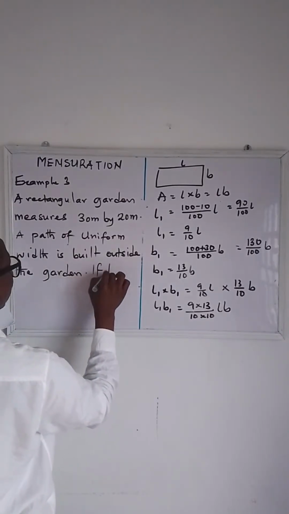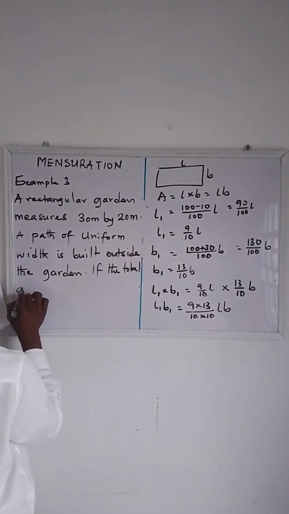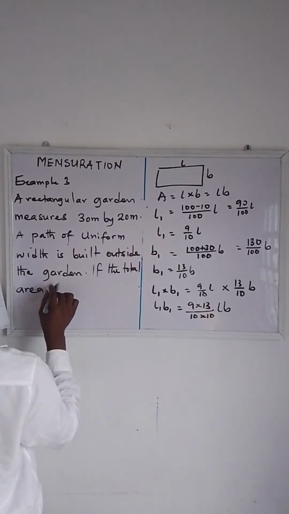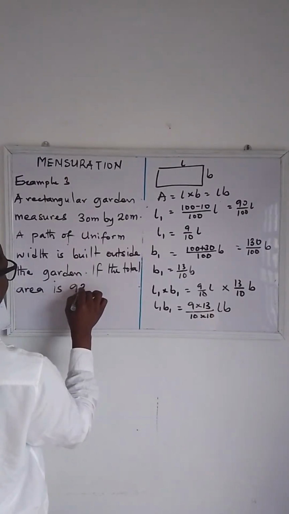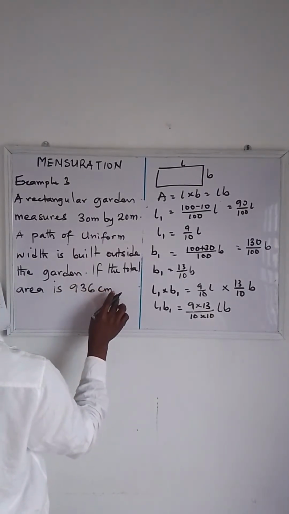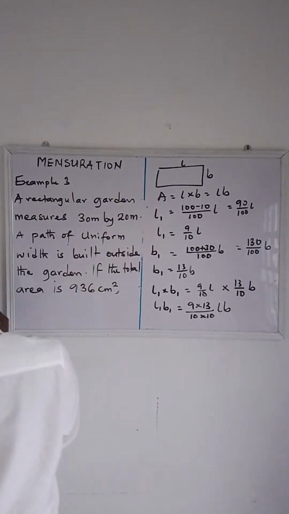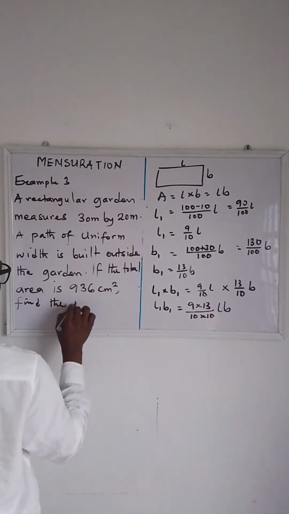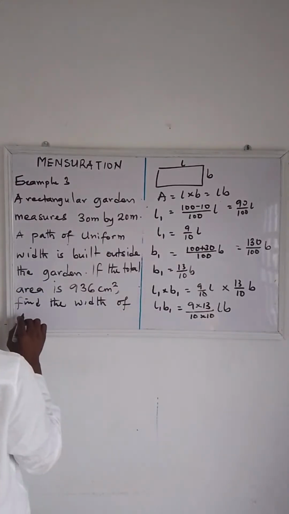So if the total area is 936 centimeter square, find the width of the garden.